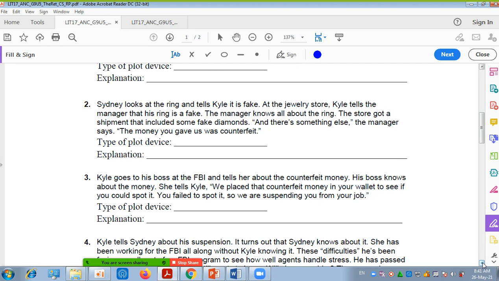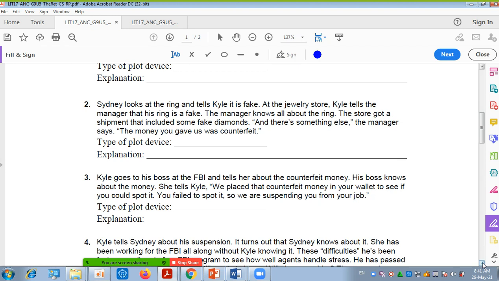The Mandarin knows all about the wind. The store got a shipment that included some fake diamonds. The Mandarin says the money you gave was counterfeit.